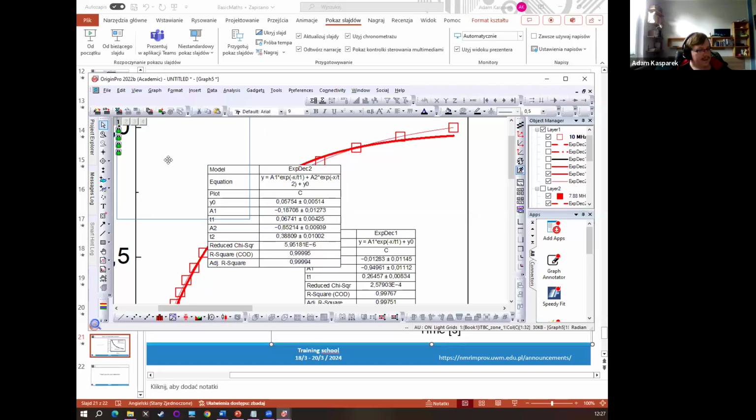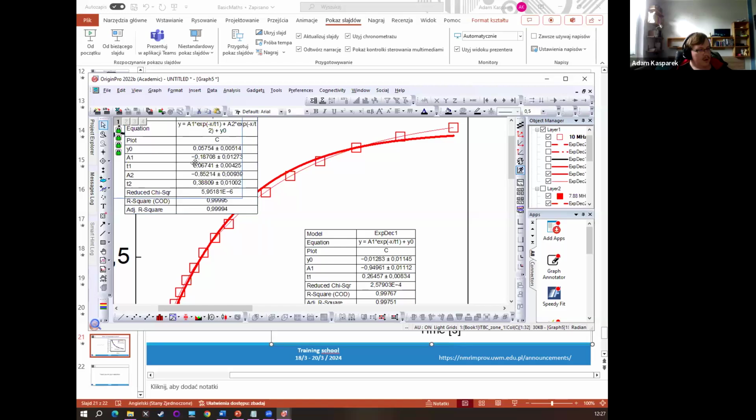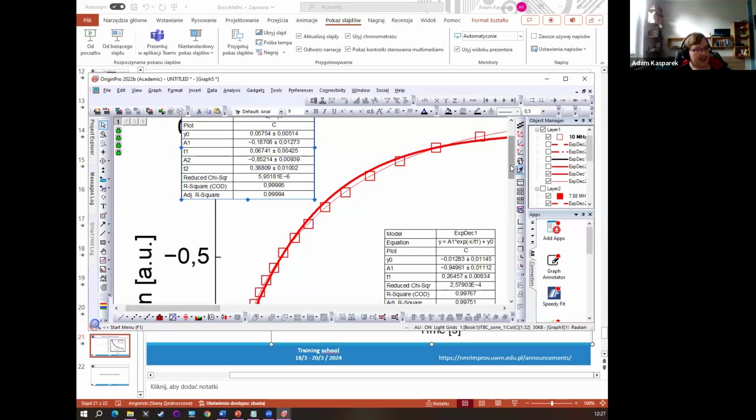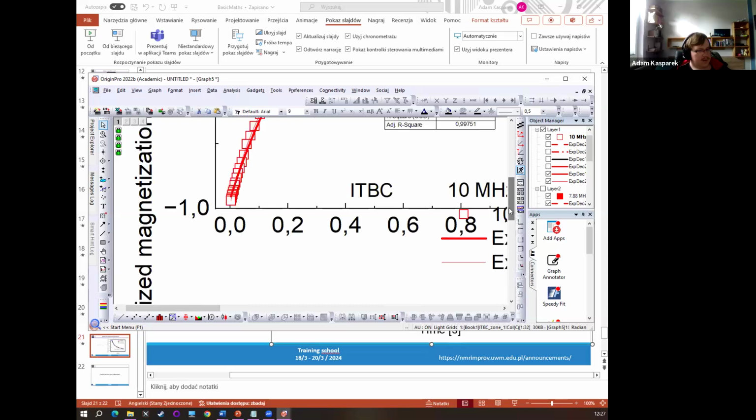And firstly, when we look at these results, we can see that they align perfectly with our experimental results. I'm sorry.